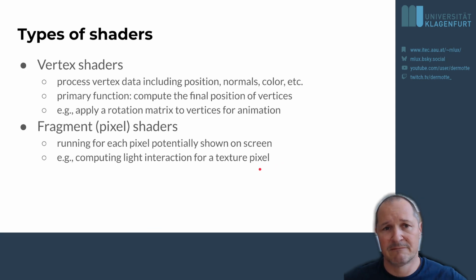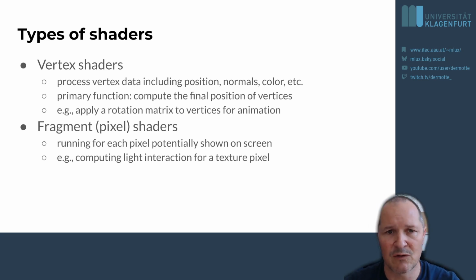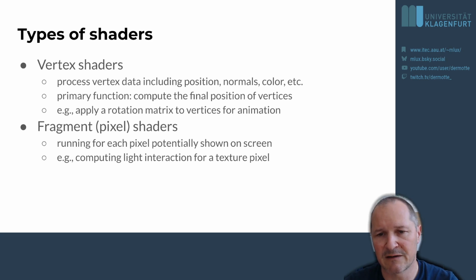Okay, shaders, those little programs. There are generally two types of shaders, the vertex shaders and the fragment shaders. The vertex shaders process vertex data, which includes position, normals, color, and so on. They should primarily compute the final position of the vertices, for instance, apply a rotation matrix for animation. So if you have vertices that move around because of a visual effect, like a particle system, you can do that with the vertex shader.